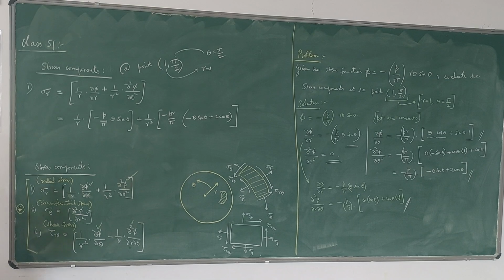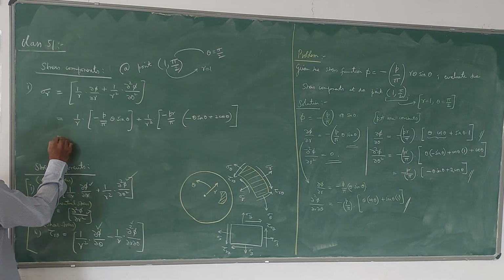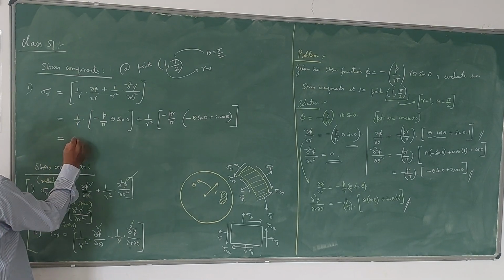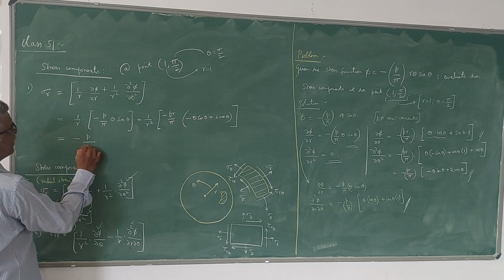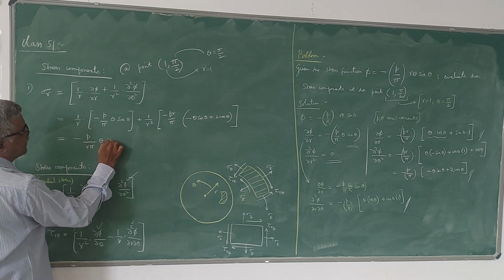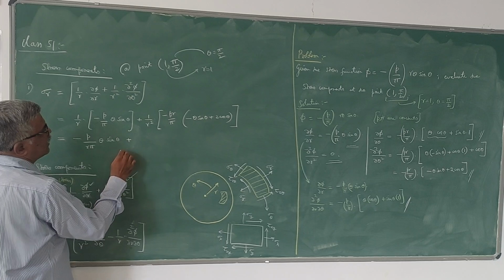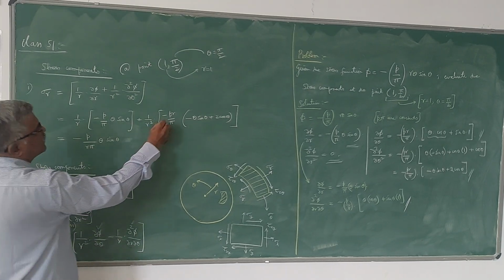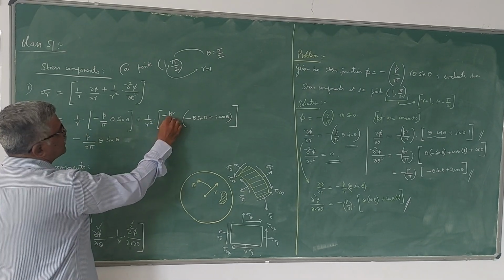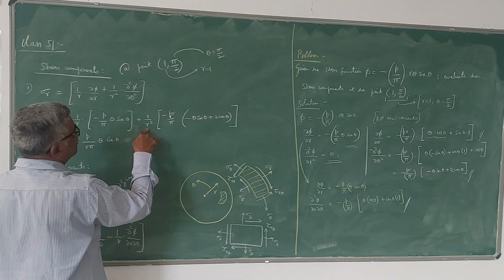Now let us see, this minus comes outside: minus P by r pi theta sin theta. Let us simplify the brackets. So this becomes, see, this into this into 1 by r square.